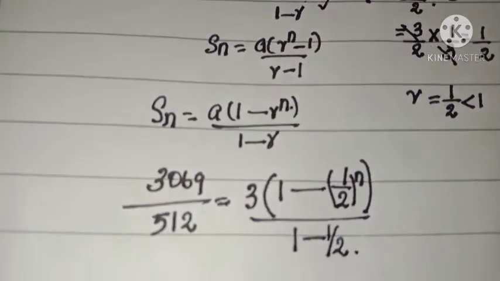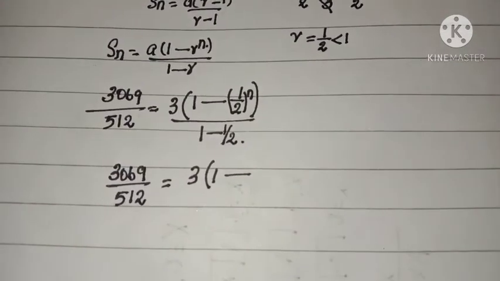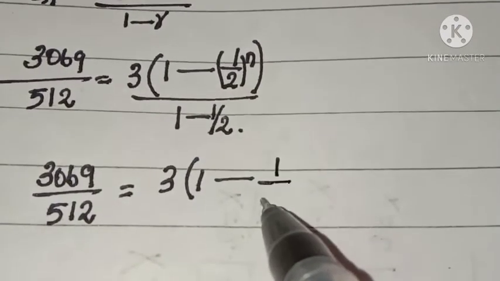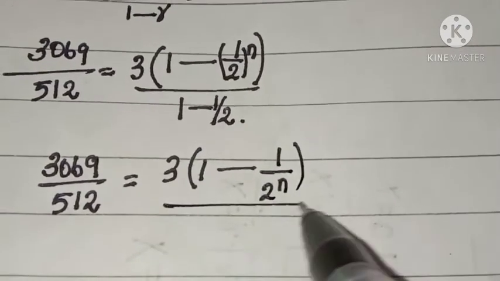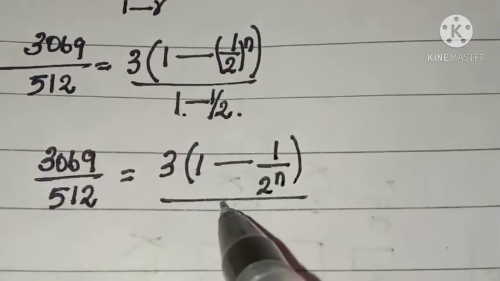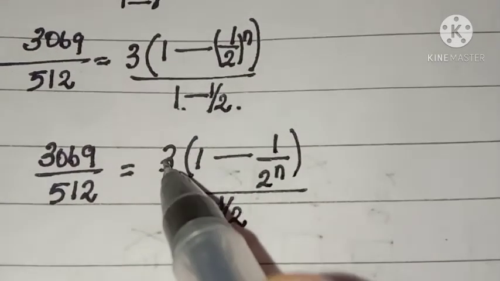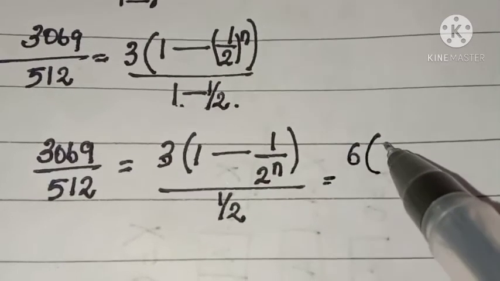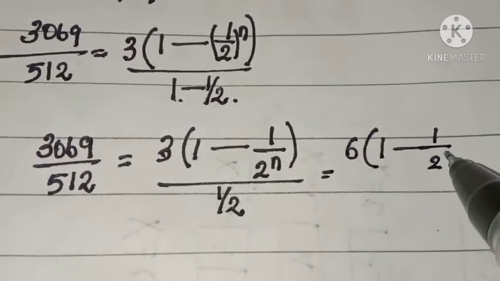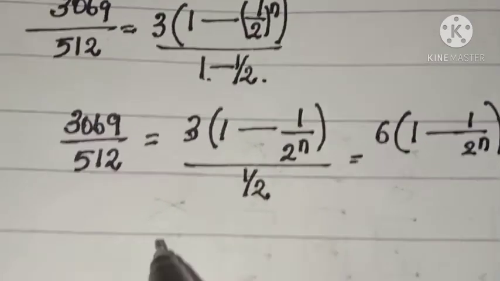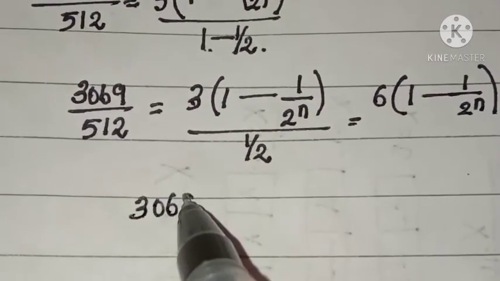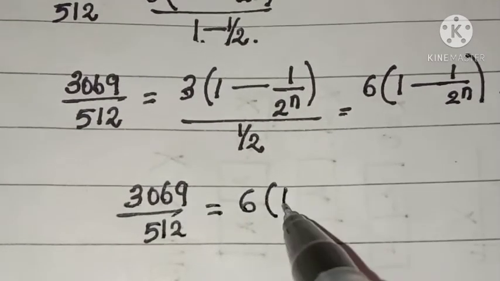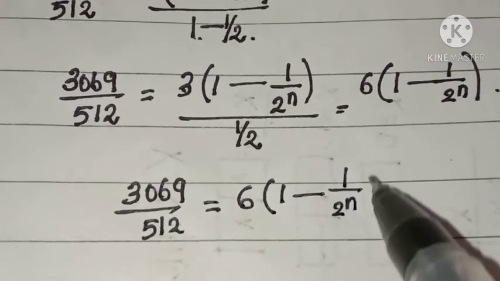Okay. 3069 by 512 is equal to 3 into 1 minus 1 by 2 raised to n divided by 1 minus 1 by 2, which is 1 by 2. So 3 by 1 by 2 becomes 3 into 2. So it is 6 into 1 minus 1 by 2 raised to n. So 3069 by 512 is equal to 6 into 1 minus 1 by 2 raised to n.